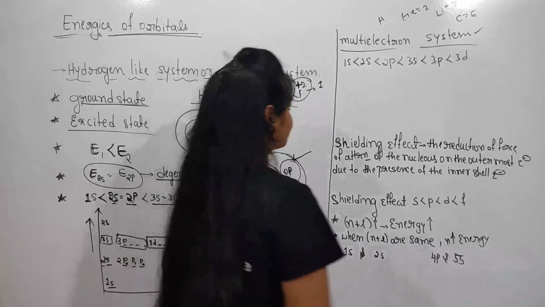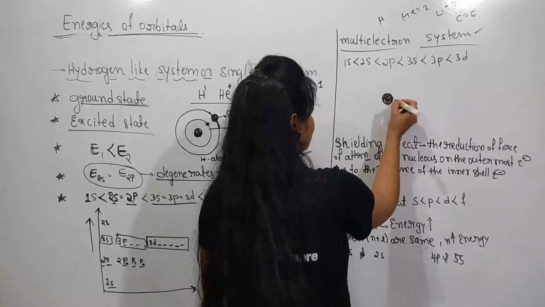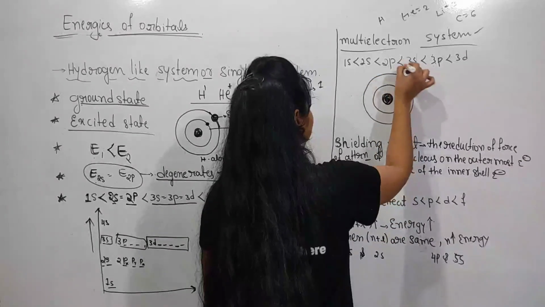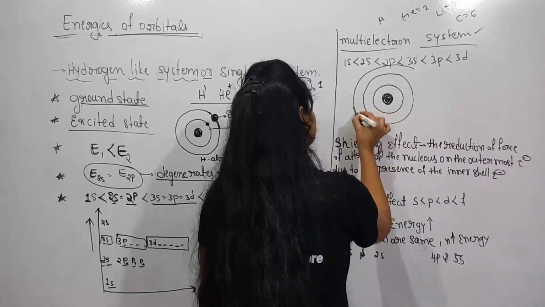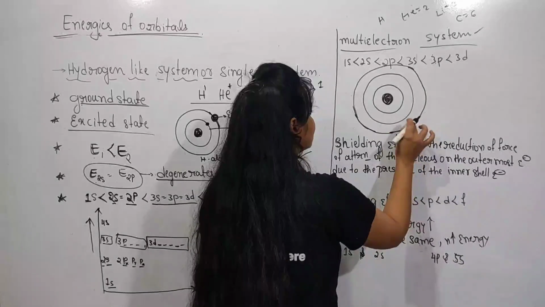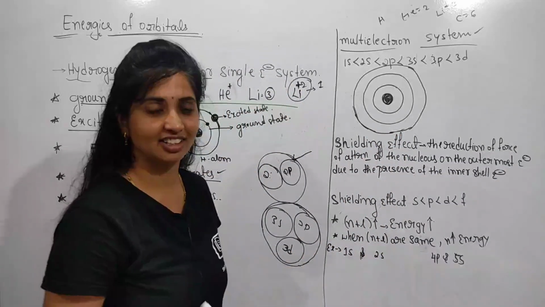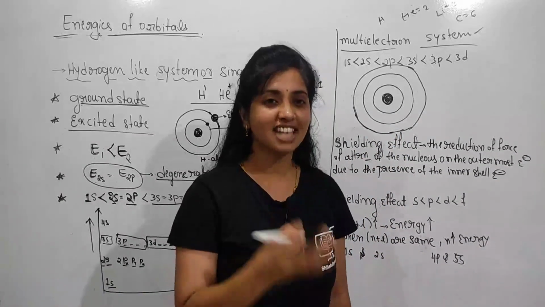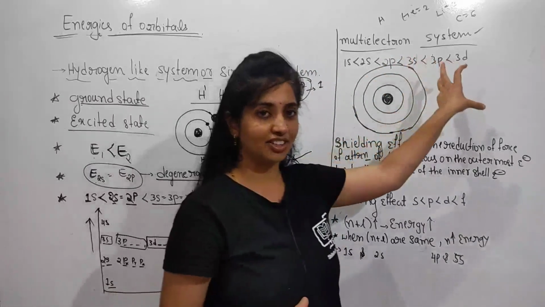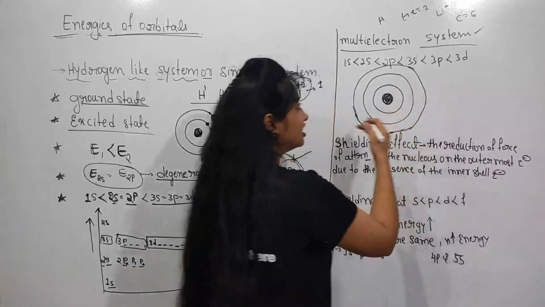So see here, consider this is our nucleus and these are the energy levels. I already told you when I talked about the principal quantum number, just remember what I told. Yes, you are right. The principal quantum number decides the energy level of the system, or the energy of this atom. So these are first, second, third shells.